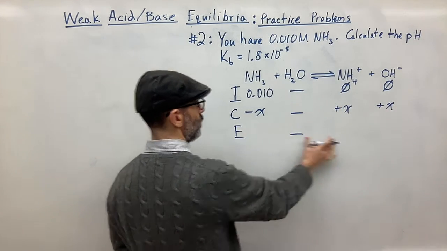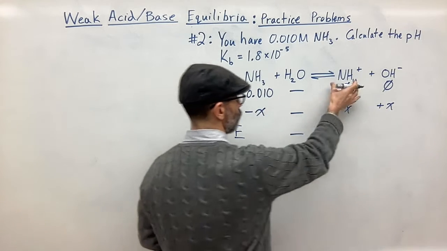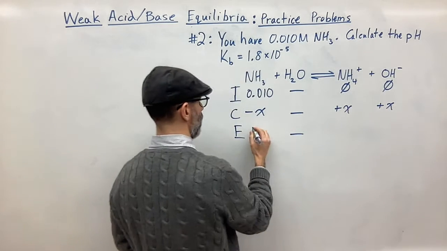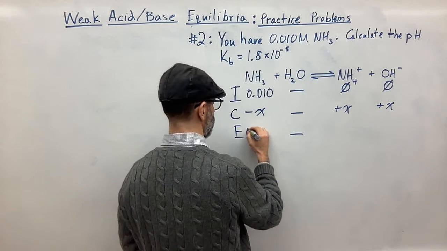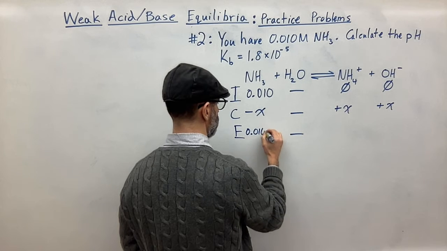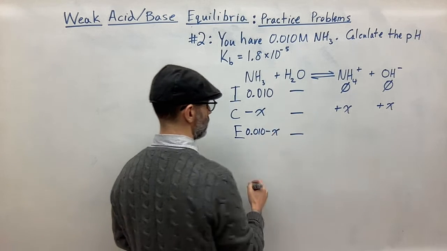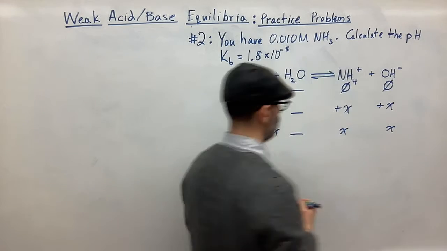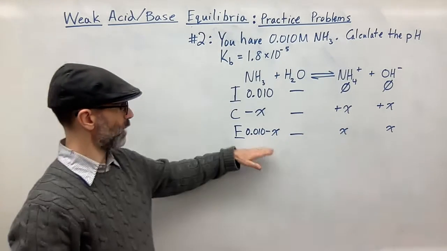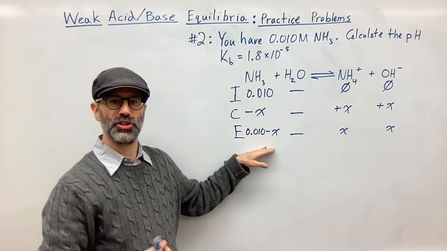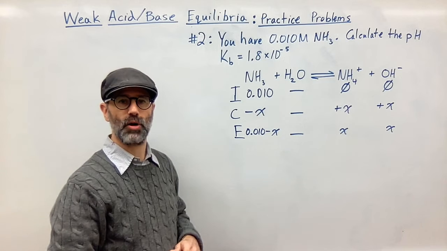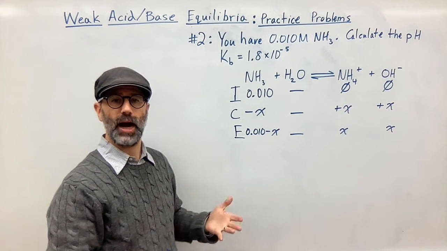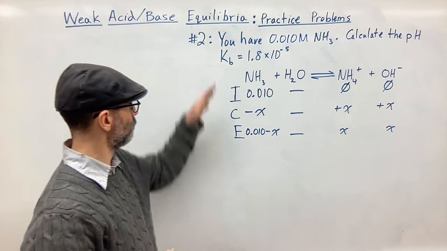And now for the equilibrium, it's just adding the 2 rows together in each column. So this is going to be 0.010 minus x. This is going to be x, and this is going to be x. So now we have our equilibrium expressions in terms of x. Now we just write our equilibrium expression for Kb.